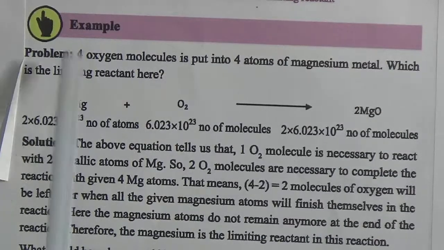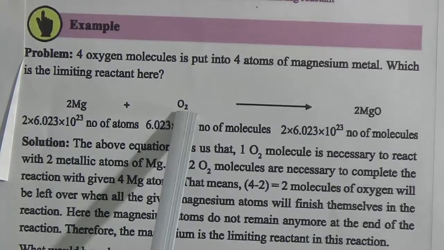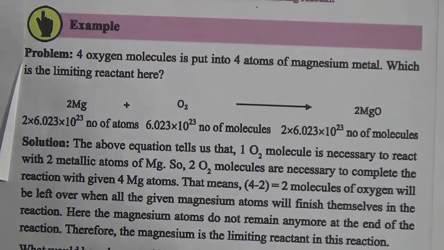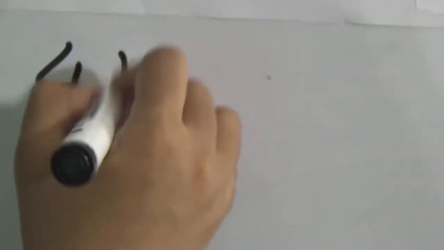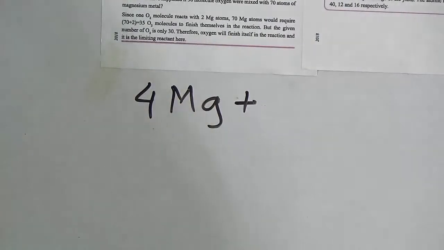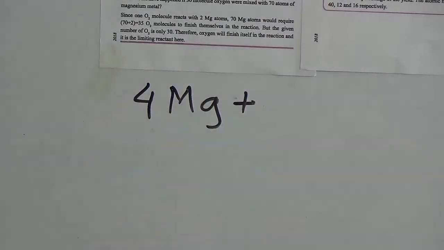That means when 4 magnesium metal and 4 oxygen molecules react with each other, according to the question, 4 magnesium plus, okay, sorry students, I will show another example.